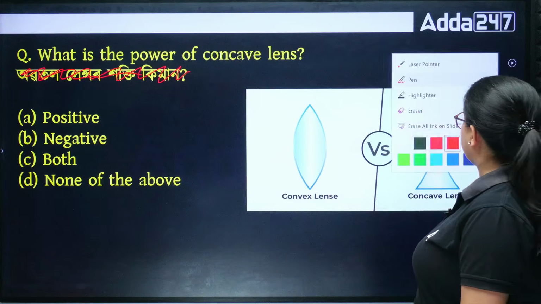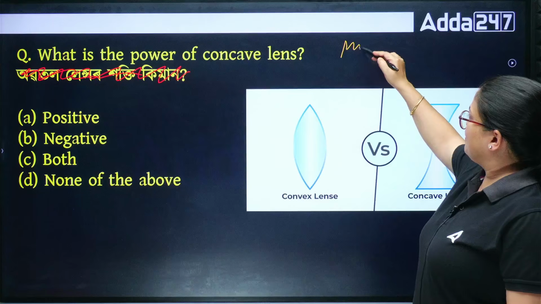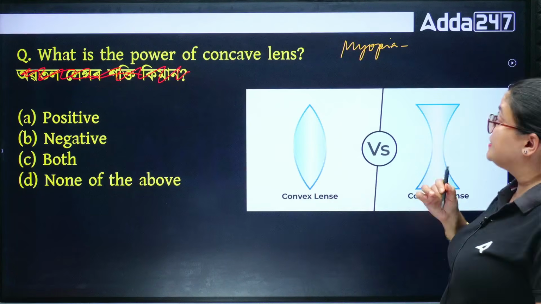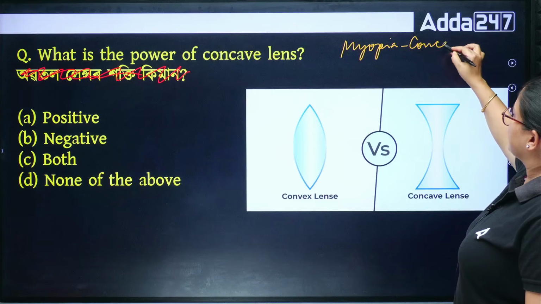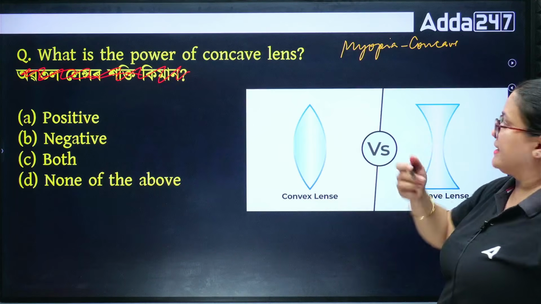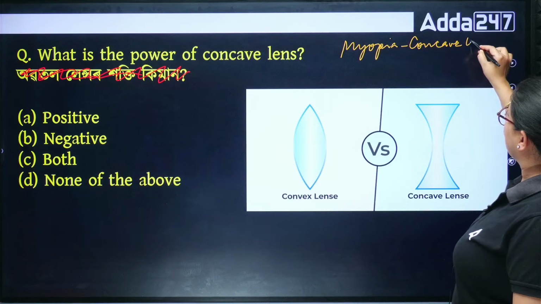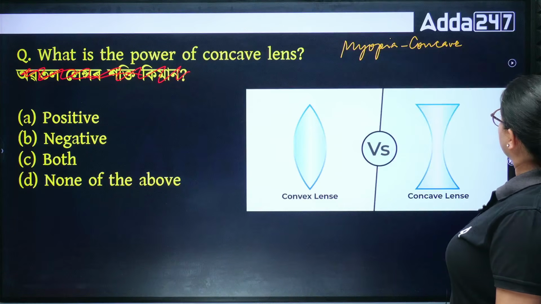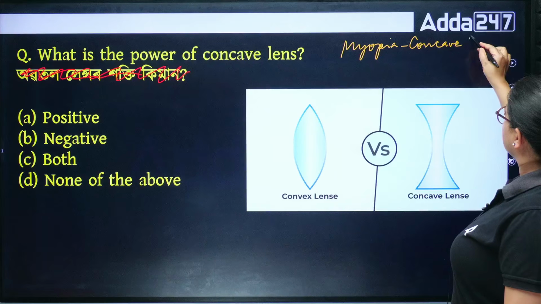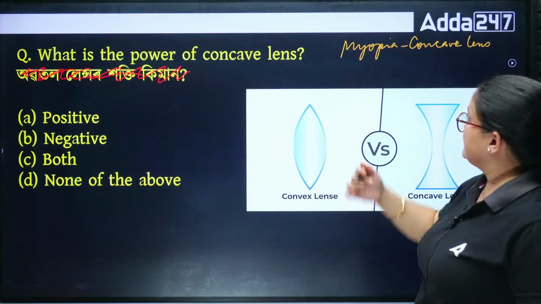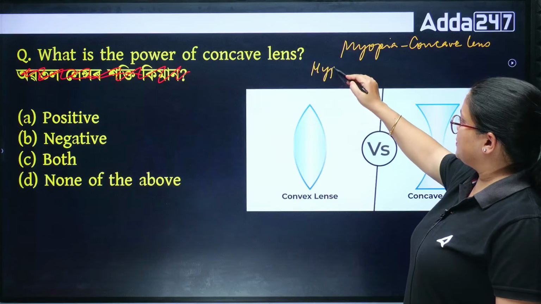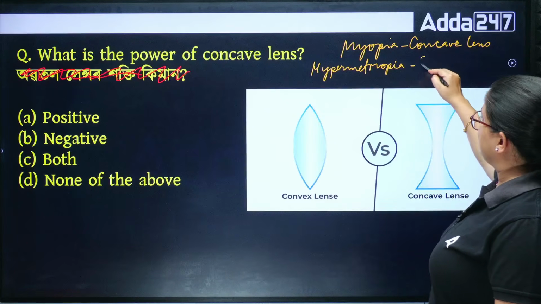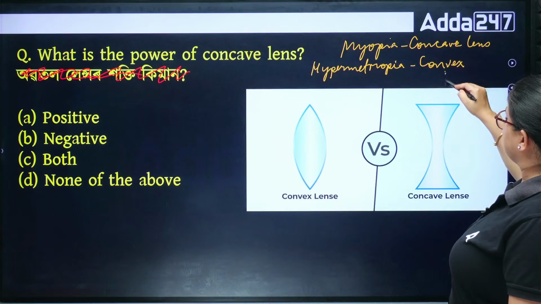I am suffering from myopia, as I cannot see distant objects, and in that case I use a concave lens or concave specs. So a concave lens is used in a case of myopia. Whenever I am not able to see objects that are near, that is known as hypermetropia. In that case we usually use a convex lens.